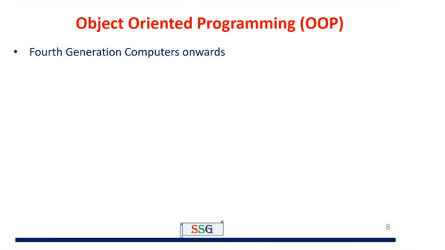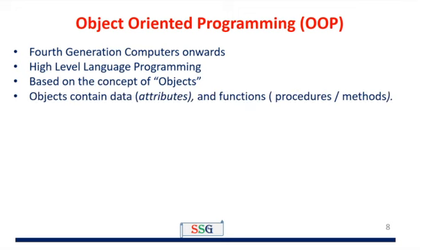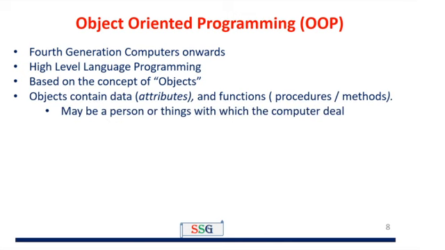Then object-oriented programming. It is used from fourth generation computers onwards. It's also a high level language programming. Here OOPS focuses on the concepts of objects. Objects contain data and functions. Data is nothing but attributes. Function is nothing but procedures or methods. The object may be a person or things with which the computer deals.